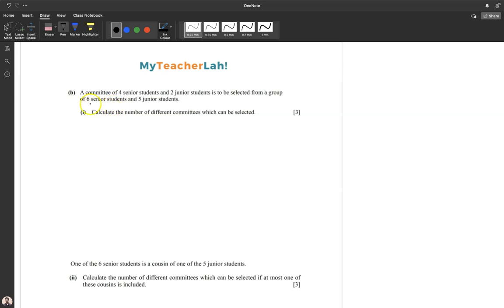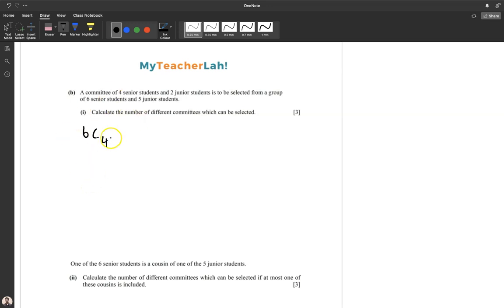So let's speed up a little bit. A committee of 4 seniors and 2 juniors are to be selected from a group of 6 seniors and 5 juniors. Calculate the number of different committees which can be selected. What do we do? It's quite simple. Out of the 6 seniors, I just need to choose 4.